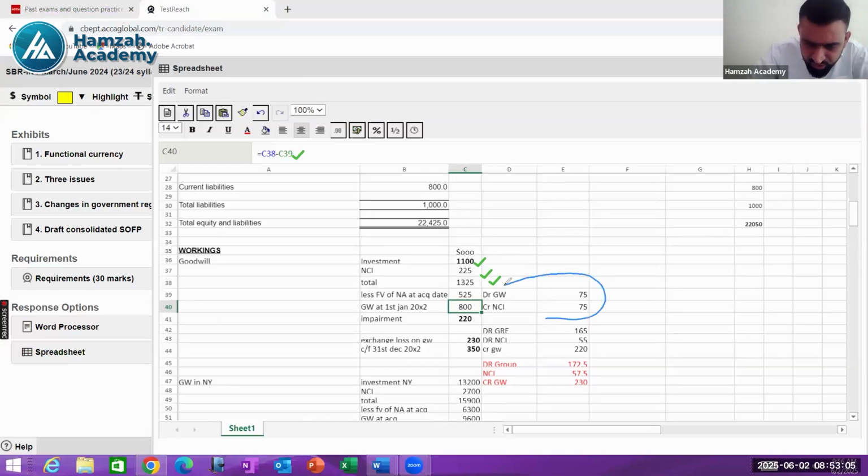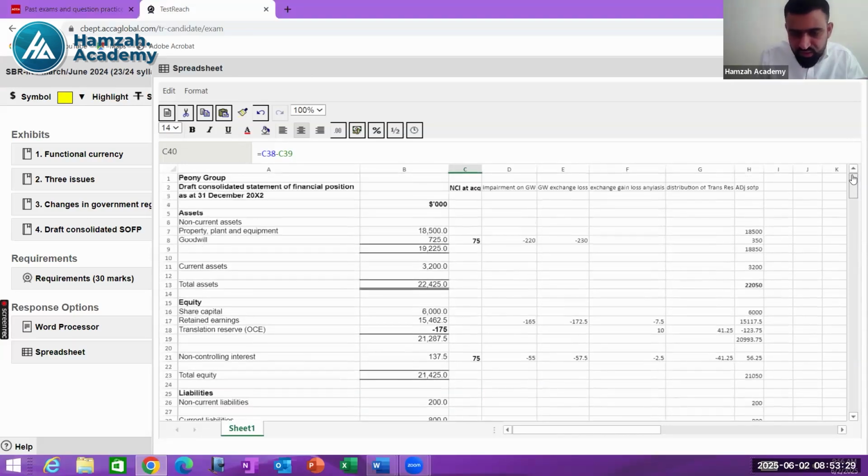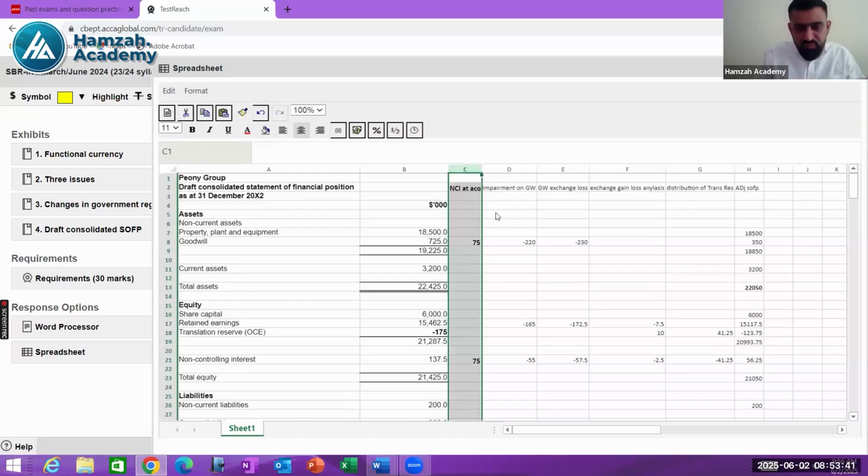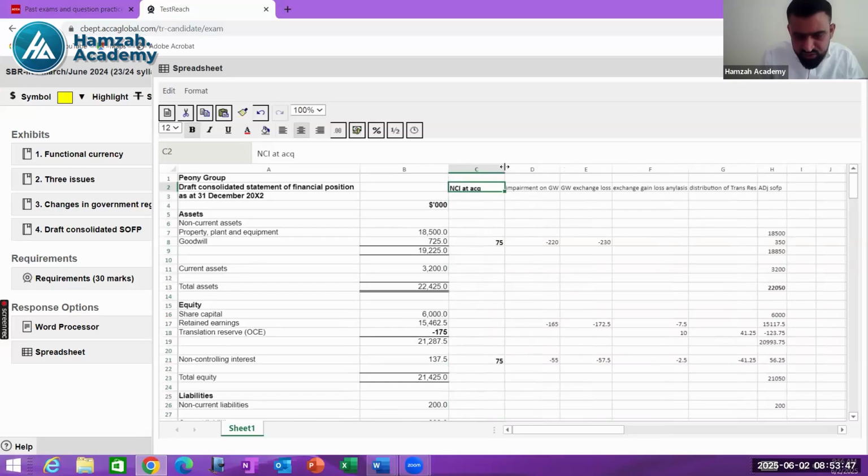Now, this is the correction in which the goodwill is debited by 75 and the value of NCI is also increased by 75. And if we discuss the adjustment in the second part of requirement B, the pre-populated balance sheet, you can see here in a C, I have given a heading, the NCI at acquisition.